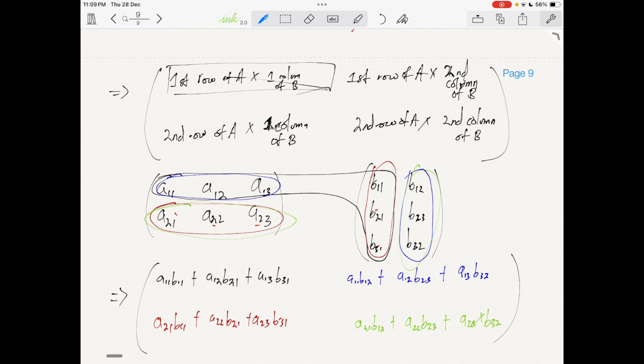Now if we understand this simple multiplication of the first row of A multiplied by the first column of B, then we are not limited by this. The analogy we used was a 2 by 3 matrix multiplied by a 3 by 2 matrix, and we can see that the result is 2 by 2, as we have seen here.